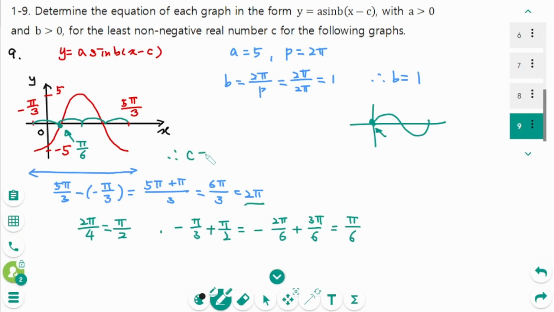That means C equals pi over 6. So the final answer is y equals A, which is 5, sine, B equals 1, so we don't need 1 here. Then just the bracket x minus c, which is pi over 6.